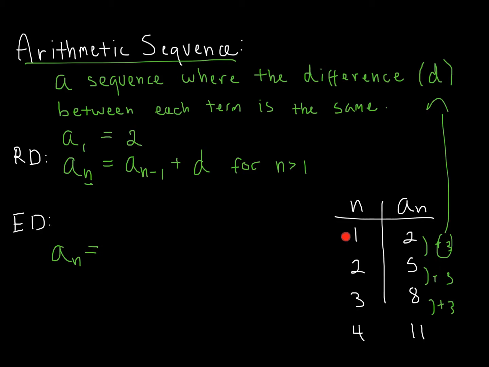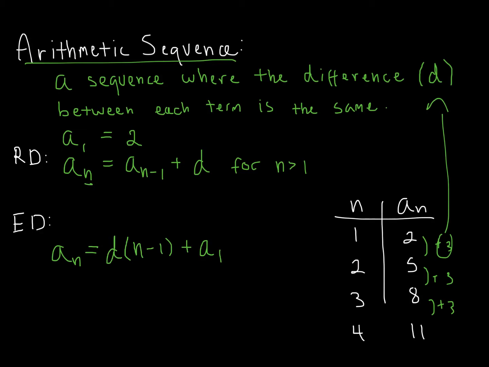So if the first term I don't want to add 3 at all, and the second term I want to add 1 3, and the third term I want to add 2 3's, depending on the term, I want to add 1 less than the term number of 3's. So I will take the difference value, d, and I will add that many differences, n minus 1 differences, plus the initial value, or a sub 1.